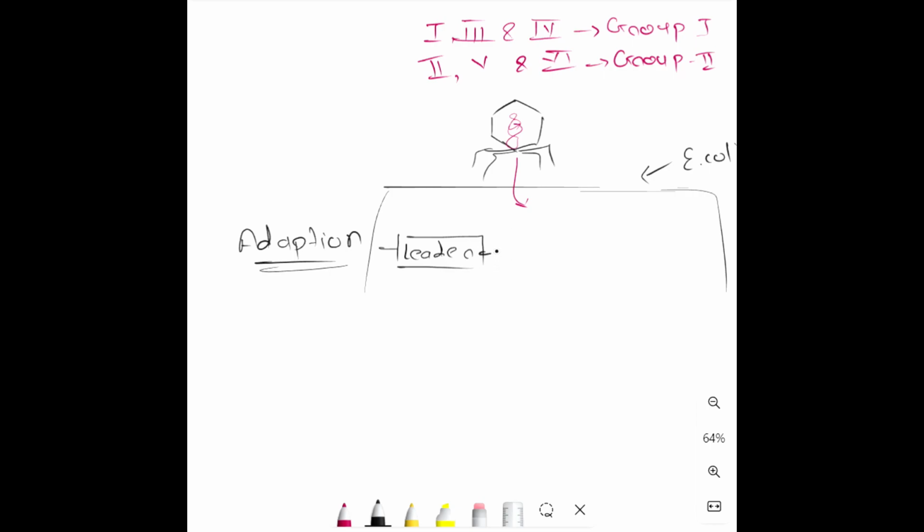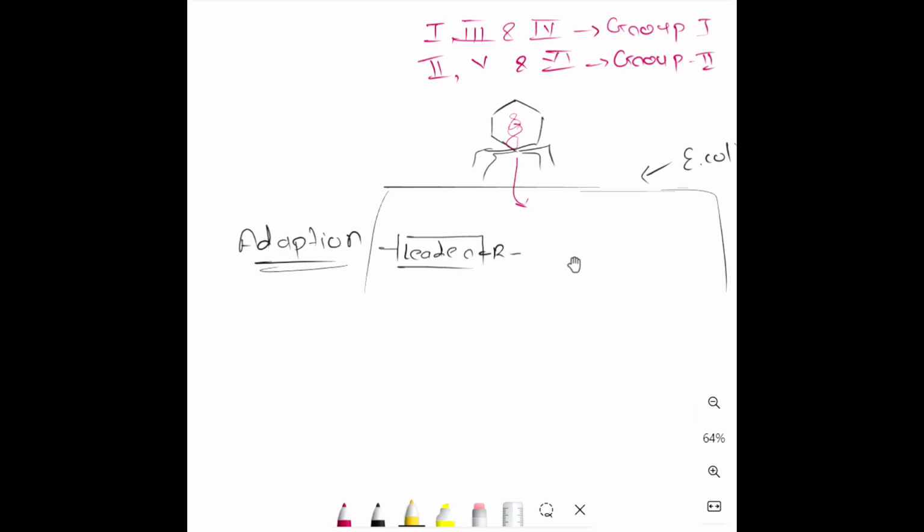Then the direct repeats of 20 to 30 base pairs. And remember, the E. coli cell, or any prokaryotic cell that has the CRISPR-Cas system, can store a number of spacers.